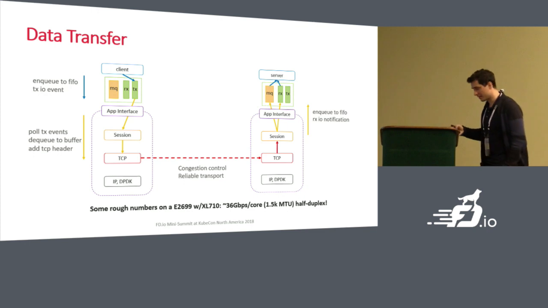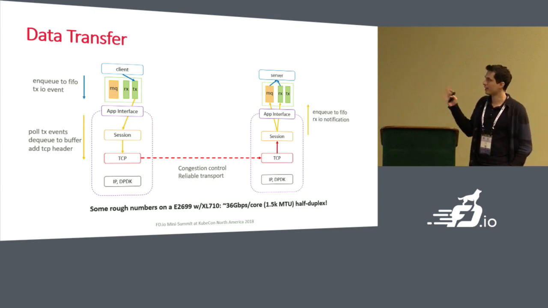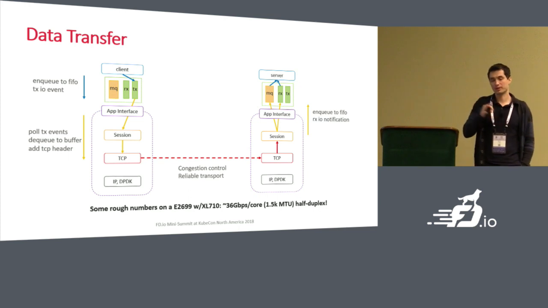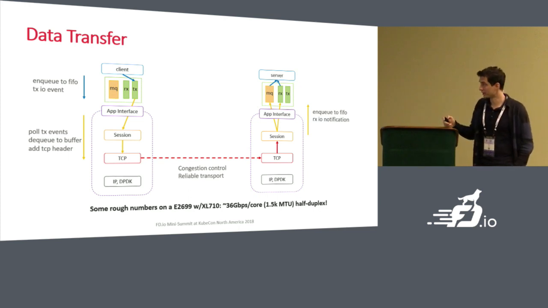So how fast does this actually work in practice? What we're seeing here on not modern, relatively recent, but not necessarily modern hardware, meaning a Broadwell server with an XL710 NIC, so a 40 gigabits per second NIC, we're seeing about 36 gigabits per second, and this with iPerf running on top of LD preload and with VCL specific tooling.